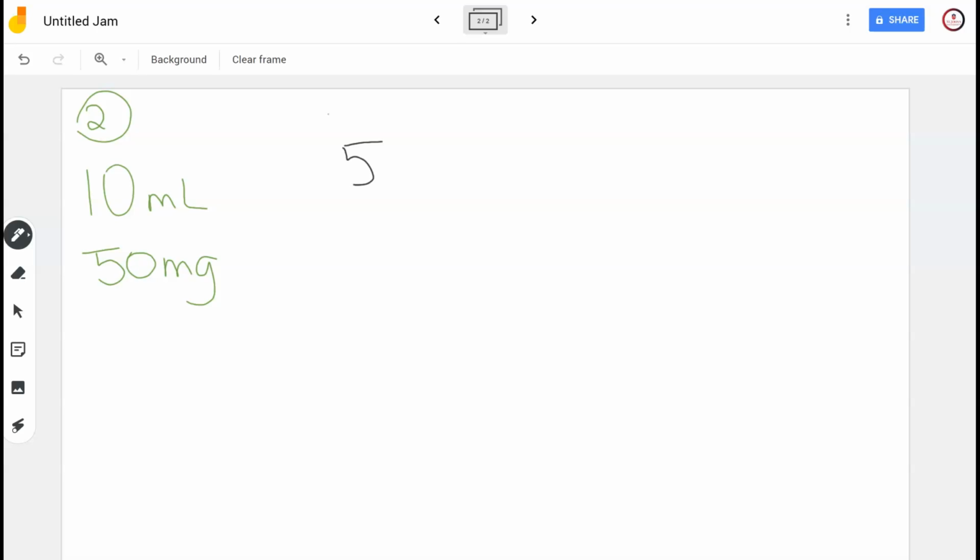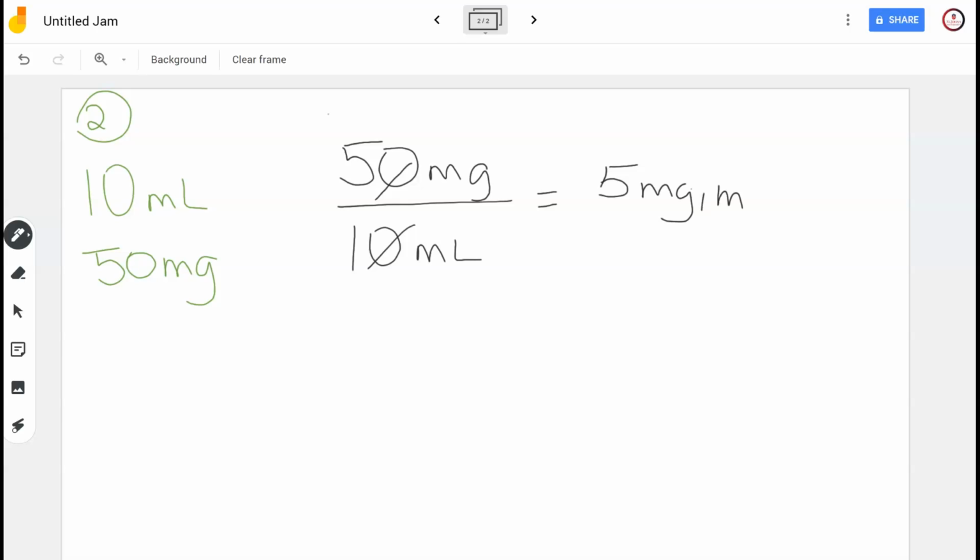That's all you're doing here. So it's 50 milligrams in 10 mLs. You want to find out how many is in 1 ml. So simplify your numbers. There are 5 milligrams per milliliter. That's your answer.